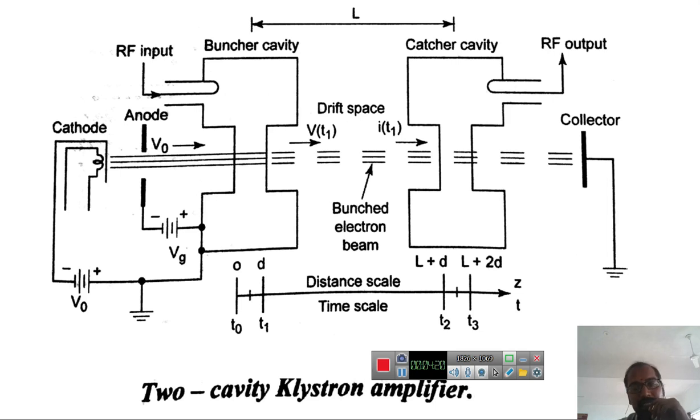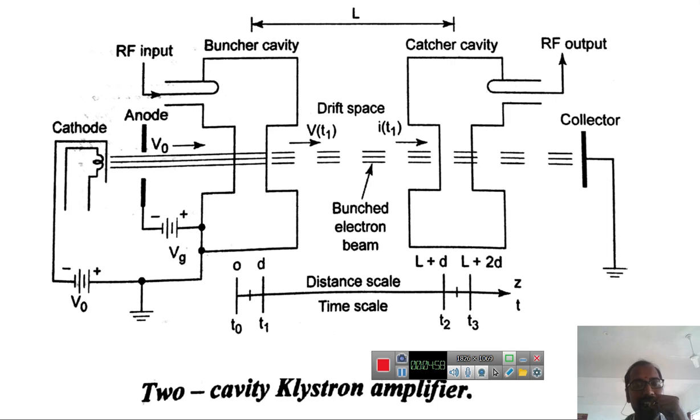When these electrons are traveling via the buncher cavity, at the same time we give the RF input at the buncher cavity. When the RF input and the electrons meet at one point in the drift space, and the RF input is in the positive half cycle, due to the velocity modulation process, the velocity of the electrons will be increased. When the RF input is in the negative half cycle, the velocity of the electrons will be less.